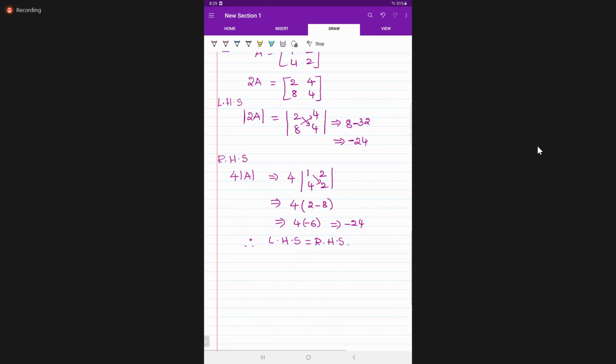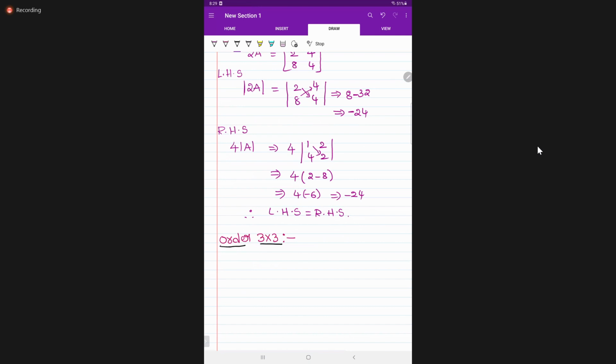Determinant of a matrix of order 3 by 3. Let capital A be equal to the matrix with rows 1, 2, 3; minus 1, 0, 2; 5, 1, 4.